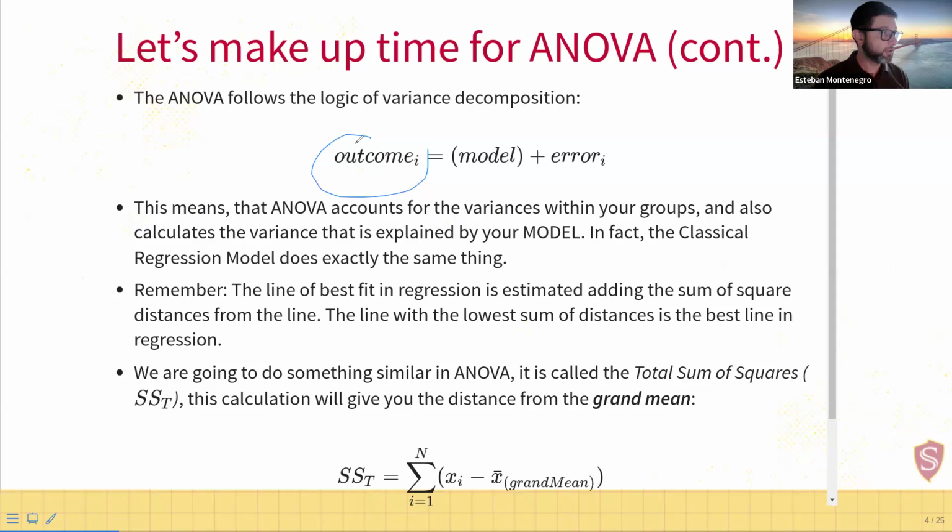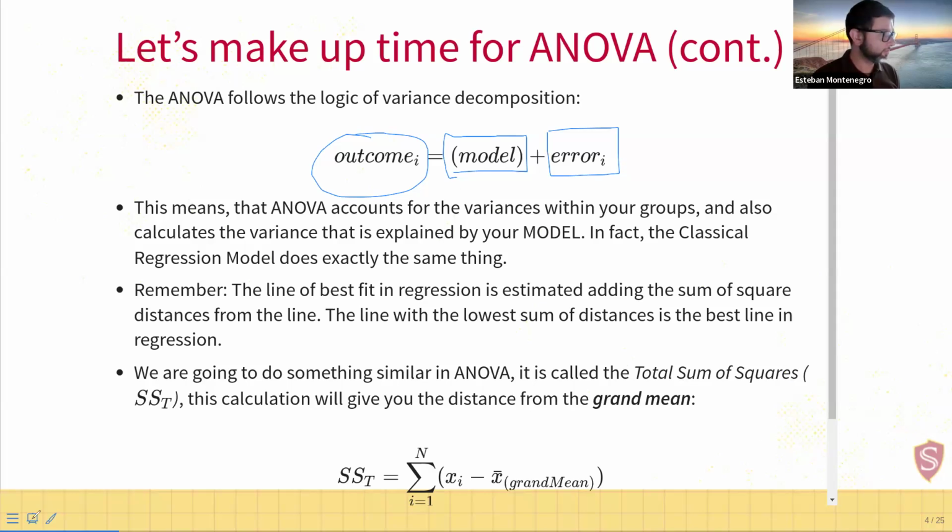What we have in ANOVA is an outcome, the variance explained by the model, and variance associated to error. There is error in our model. If you see this, it's actually the same formulation as regression. It's exactly the same. We have a model.